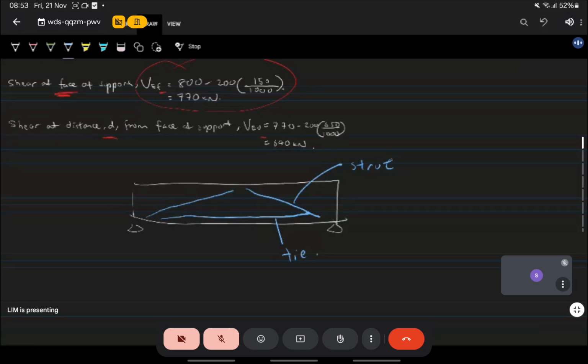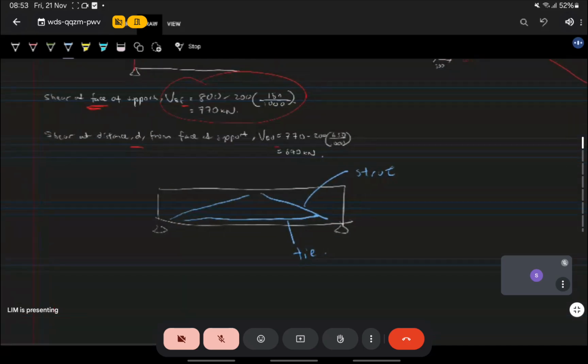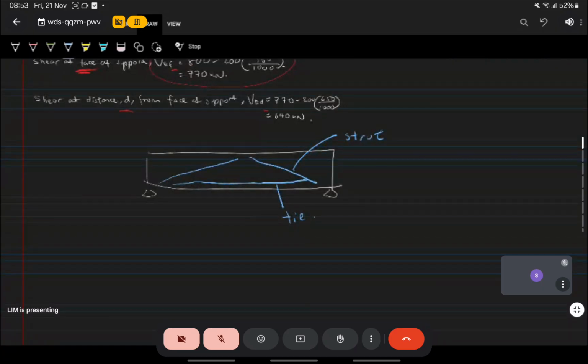So the first check you have to do is, back to this again, between the strut and the tie there's an angle theta. Exactly what that angle is, no one knows. We have to start with a guess.